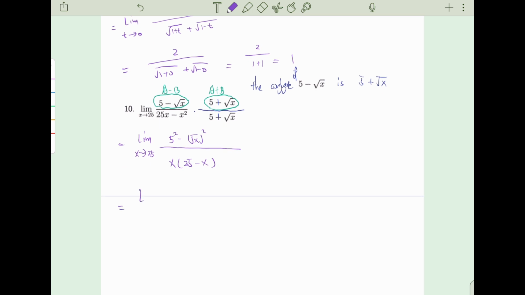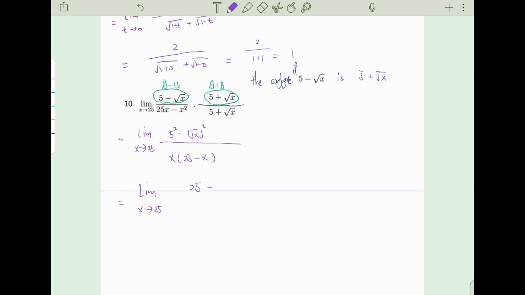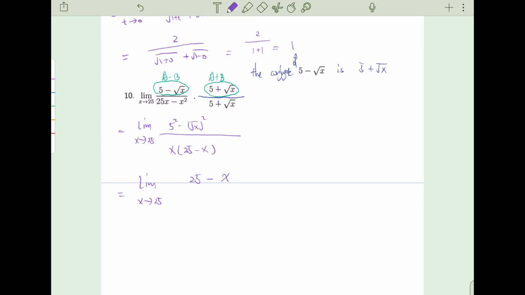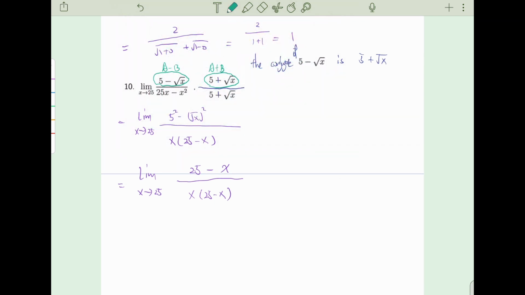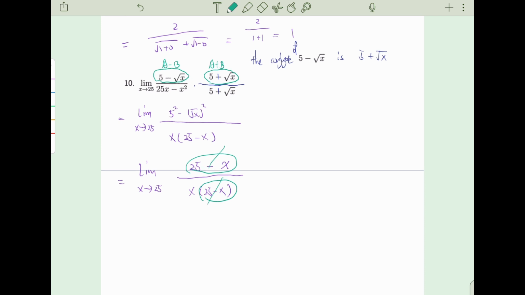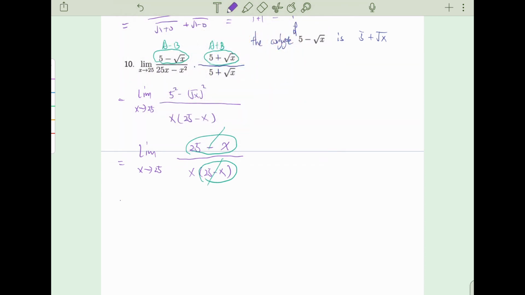Continue. I have 25 minus the square root of x squared, which is just x, divided by x times 25 minus x. So now we can see there is 25 minus x on the top and the bottom for us to cancel. And I continue. So it becomes 1 over x, right? And I can plug in.